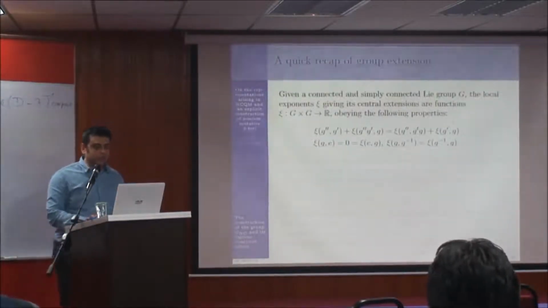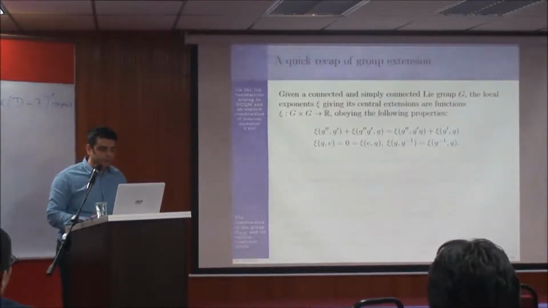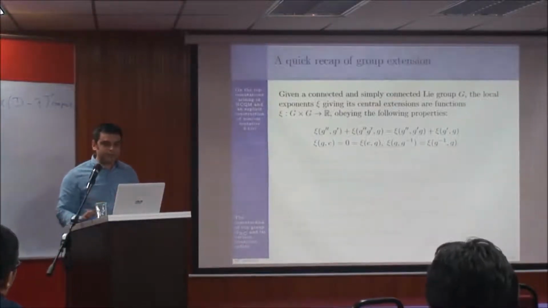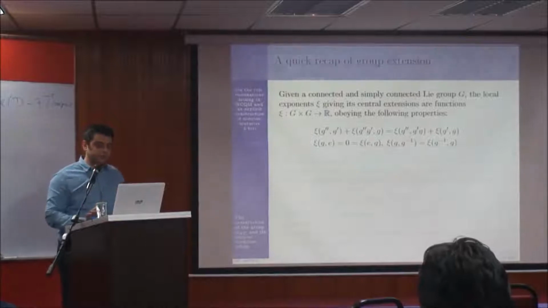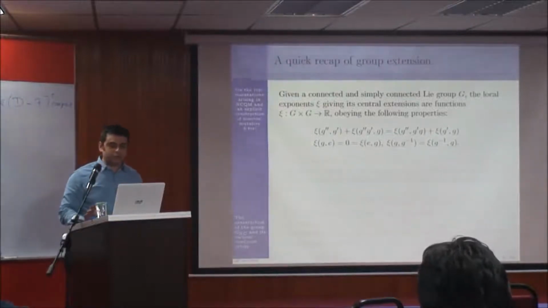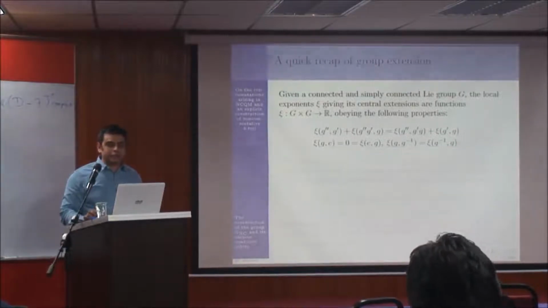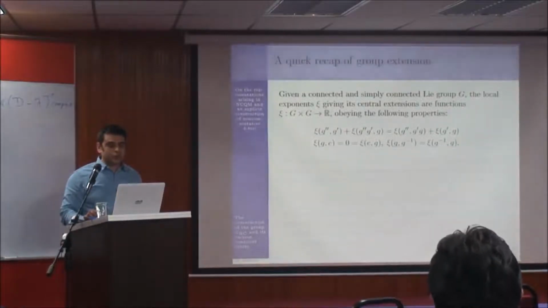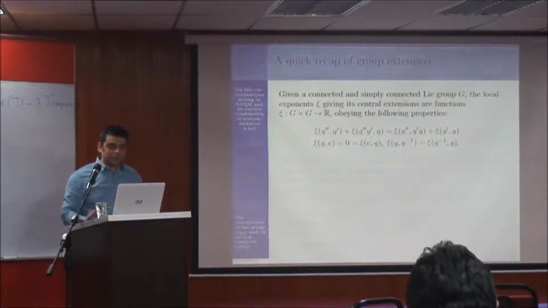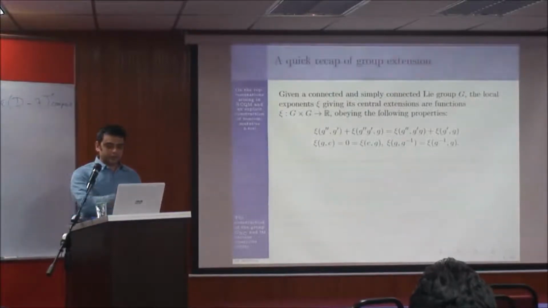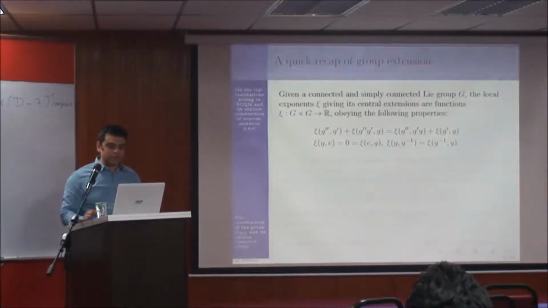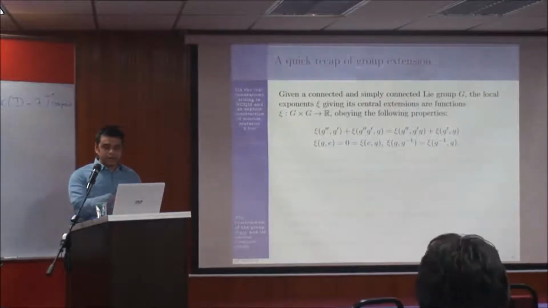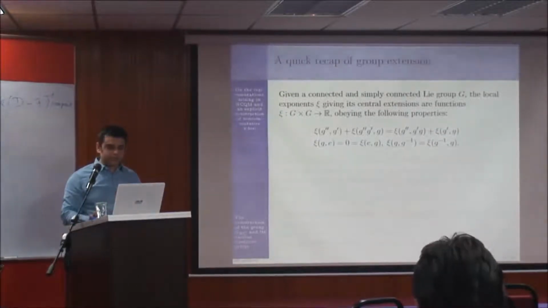So a quick recap of the group extension theory here. We keep things as simple as possible, so we take a connected and simply connected Lie group G, and the local exponents are functions from G cross G to the real line, obeying these relations that you see here.